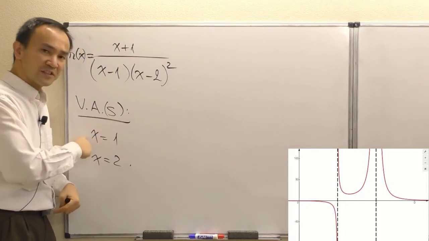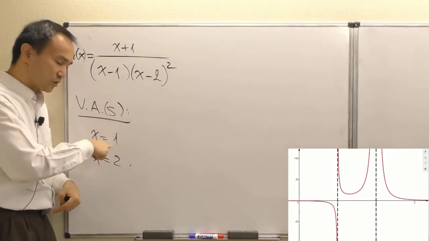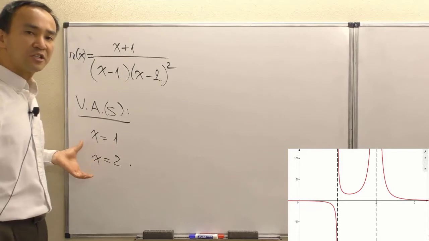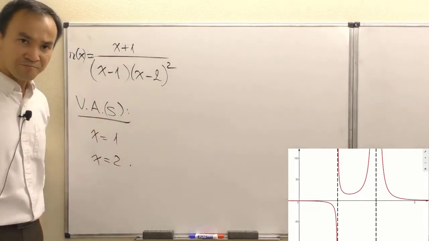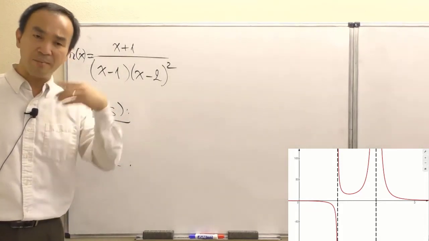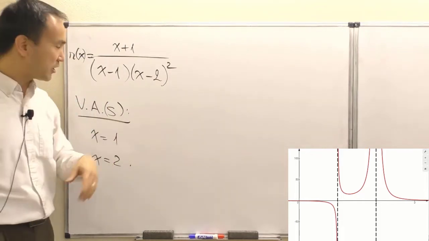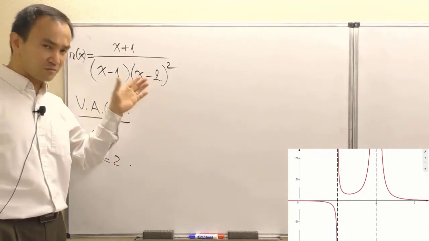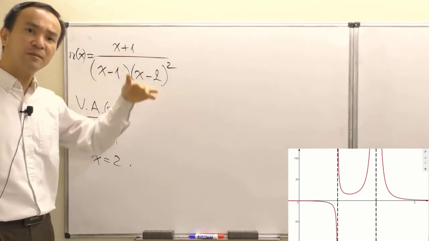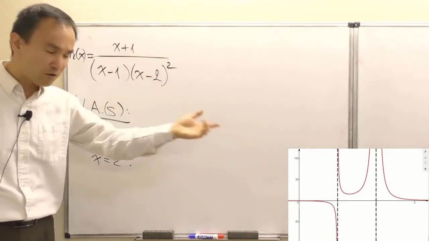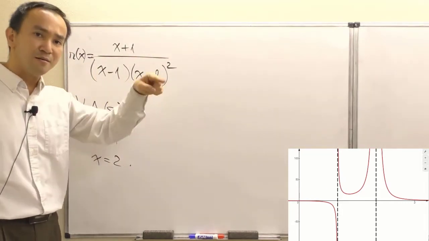That's why it makes perfect sense that these two values, x equals 1 and x equals 2, are zeros of the denominator. But from our learning about polynomials, if we're treating the denominator simply as a polynomial, then any zero here has a multiplicity.